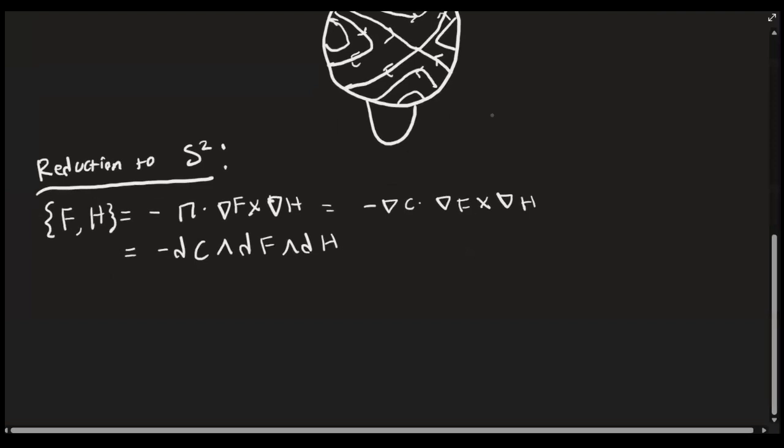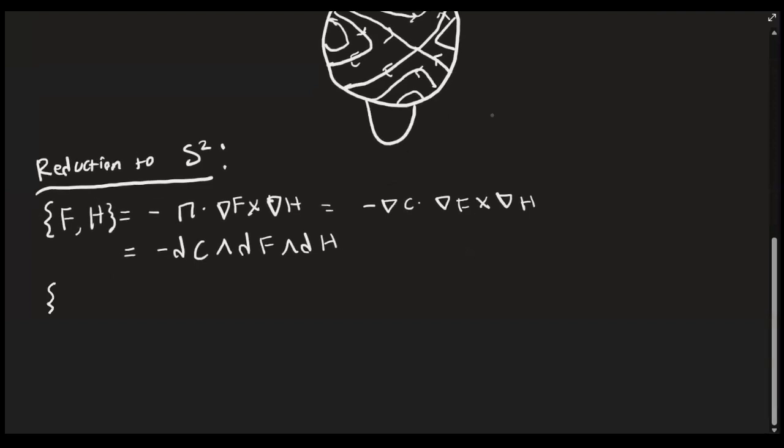And that means that actually our Poisson bracket, you can think of it kind of as being a volume form. Okay. It's just a volume form. This equals this.